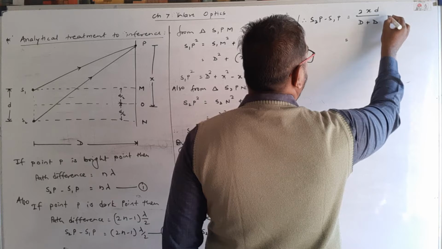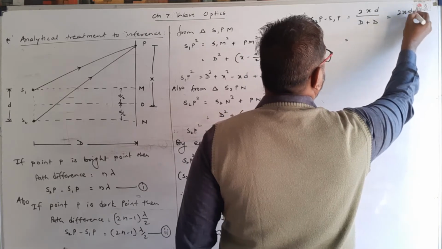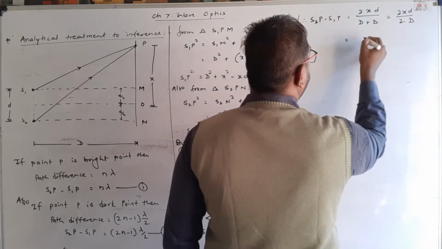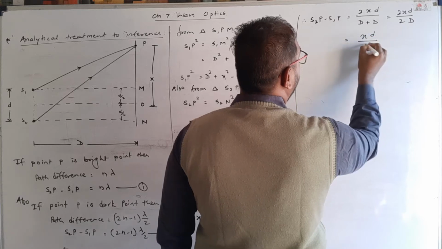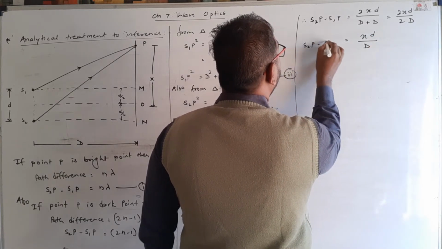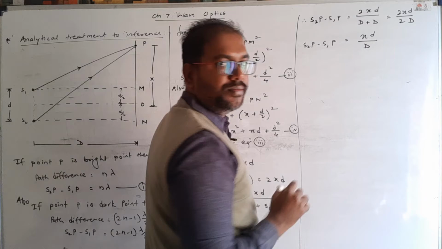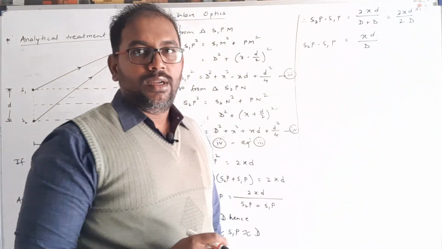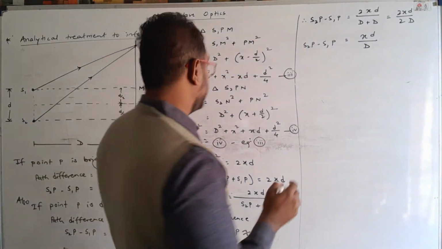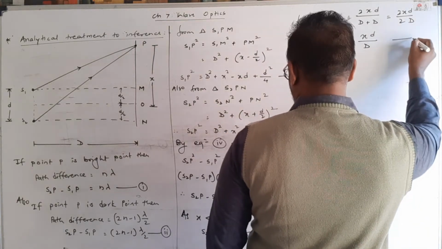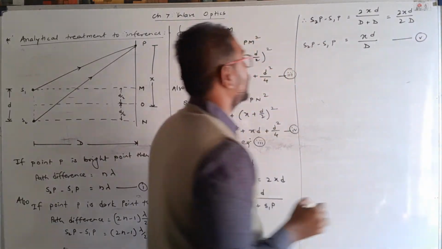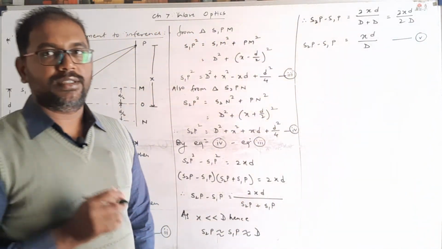So I can write it here 2XD divided by 2D. The 2 gets cancelled, we get XD by D. So S2P minus S1P we get this. Now I can give here equation number 5. S2P minus S1P is this.